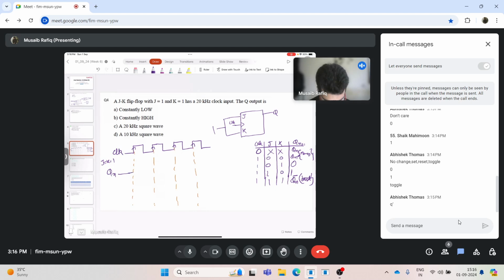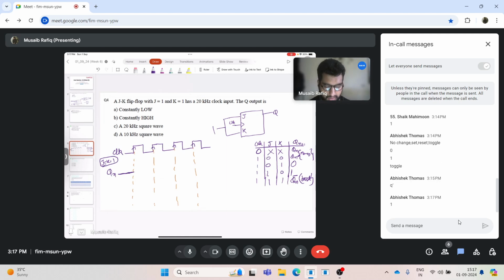Now at the positive edge, what will happen? With J equal to K equal to 1, Qn is 0. At the positive edge of the clock, what will happen to Qn? Qn equal to 0 will become, correct, Qn equal to 1.